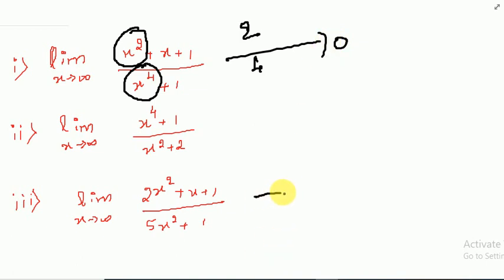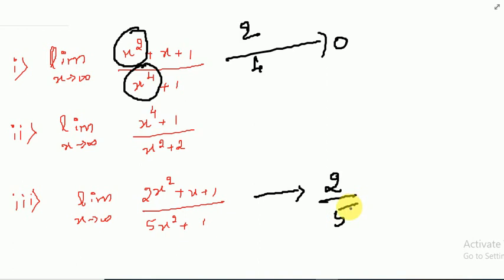Next, I will consider the third case now. Degree of numerator is equal to degree of denominator. Here 2x square term, here also 5x square term. Therefore which case is it? Degree of numerator is equal to degree of denominator. Then what is the coefficient of highest degree term in the numerator? It is 2. What is the coefficient of highest degree term in the denominator? 5.